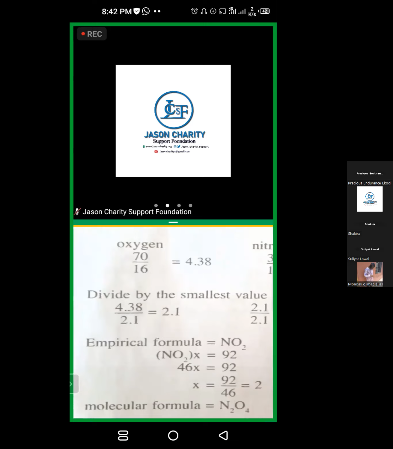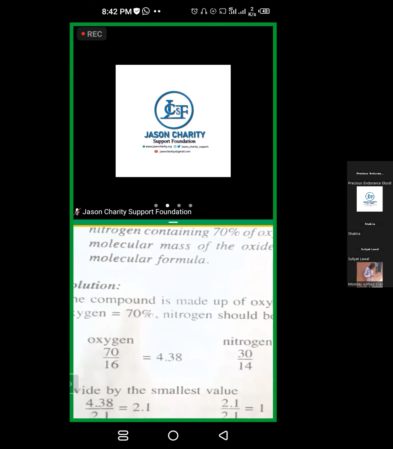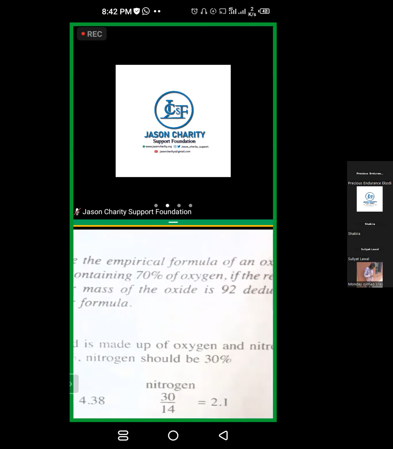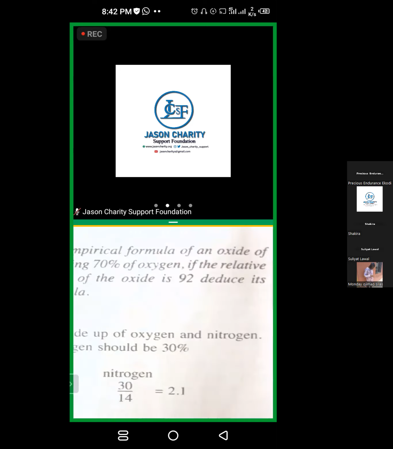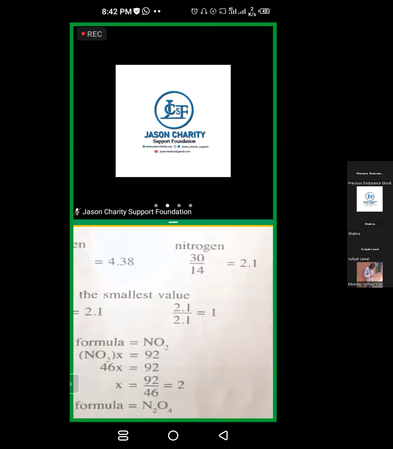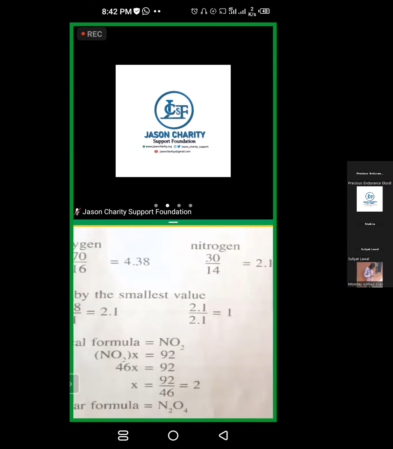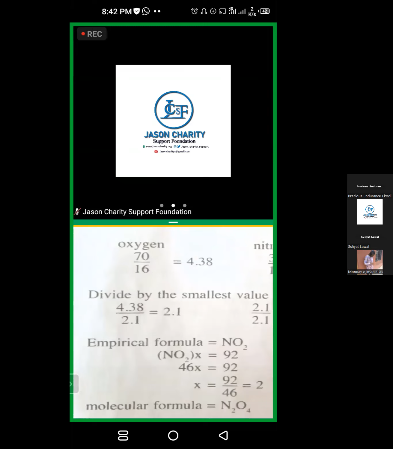So now, to get the molecular formula, remember, we have been given that it has a relative molecular mass of 92. So we divide that with the molar mass of this compound. Dividing that with the molar mass of the compound, we have 92 divided by 46, which gives us 2. When you get this number, remember I said you multiply all through with that number.